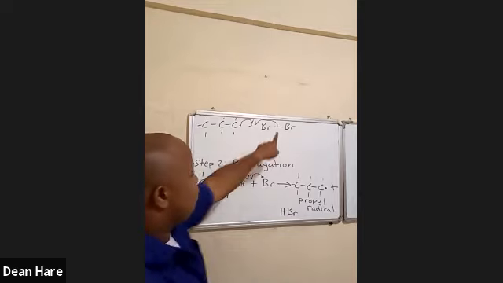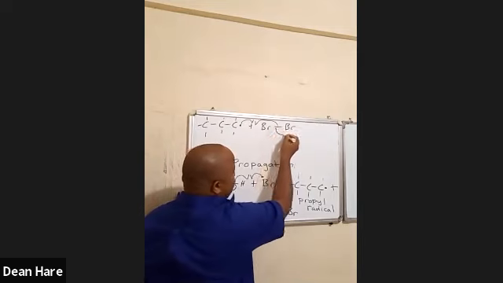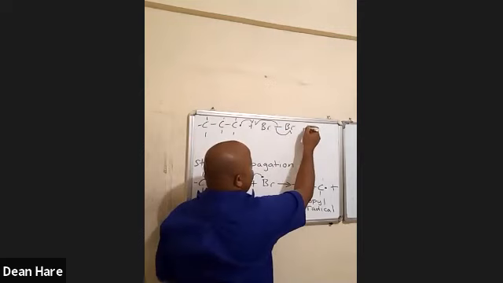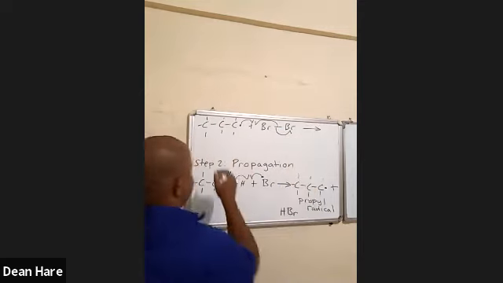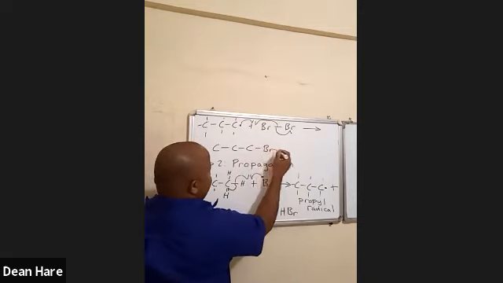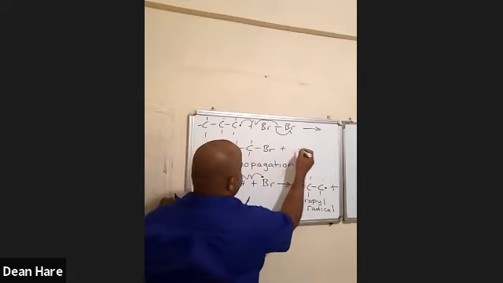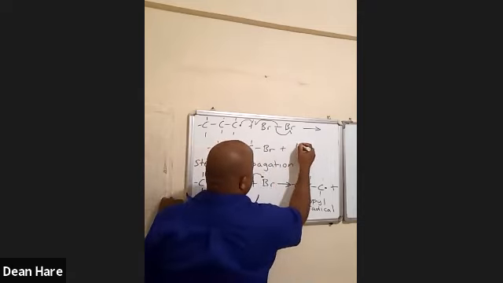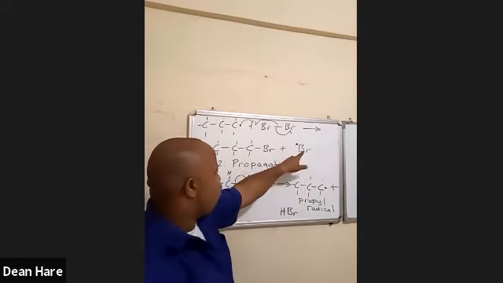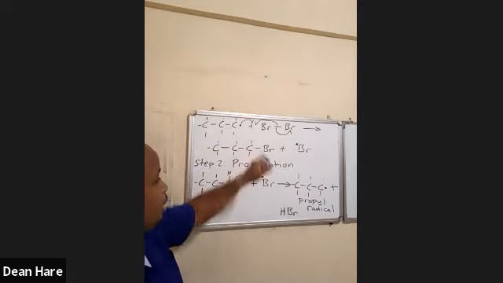All right? If this is being broken homolytically, that means this bromine has to also get an electron. And so the product here will be Br plus, so you get your alkane plus a bromine radical. All right, so this is how you get your alkane.